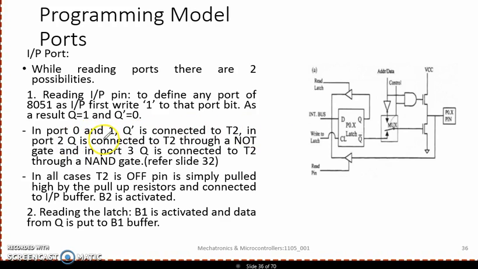In port 2, Q is connected to T2 through a NOT gate, and in port 3, Q is connected to T2 through a NAND gate. This you can see in the next slide. In all cases, T2 is off, and the pin is simply pulled high by the pull-up resistors and connected to the input buffer. B2 is activated. Reading the latch is the other method. B1 is activated and data from Q is put to the B1 buffer.